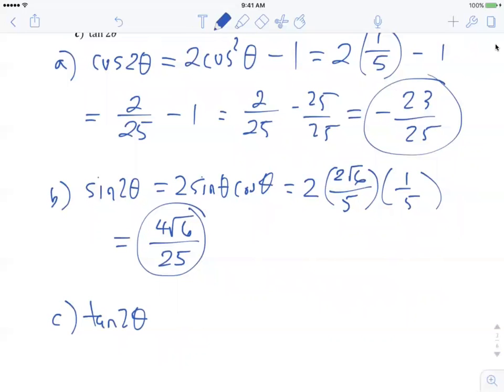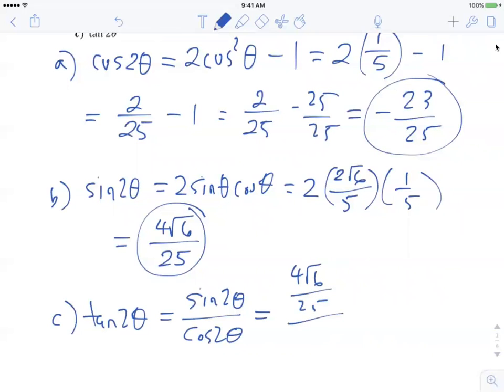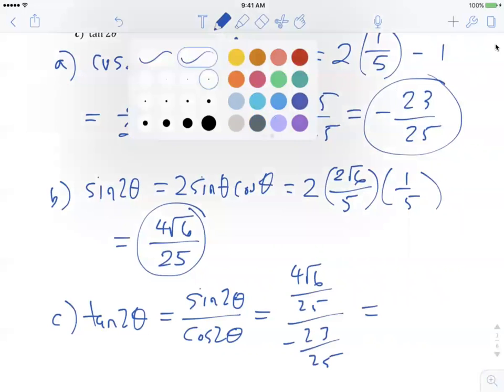So since we already have cosine and sine, I'll just do that. Just make sure you use the 2 thetas. Tangent 2 theta is sine 2 theta over cosine 2 theta. And sine 2 theta is the 4 root 6 over 25. Cosine is negative 23 over 25. Invert and multiply, which just basically means those 25s cancel.